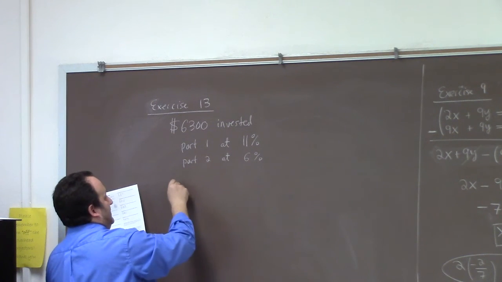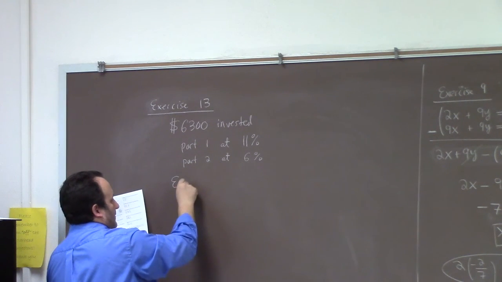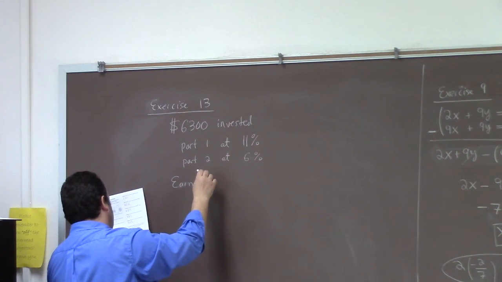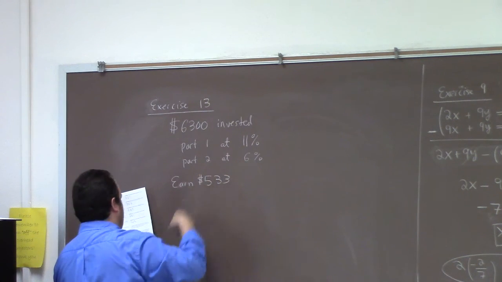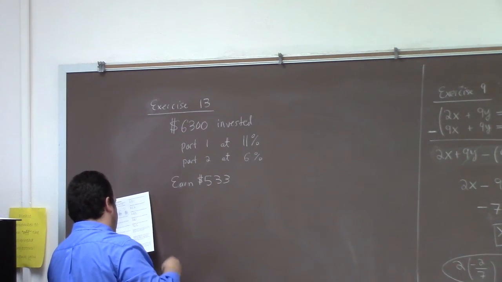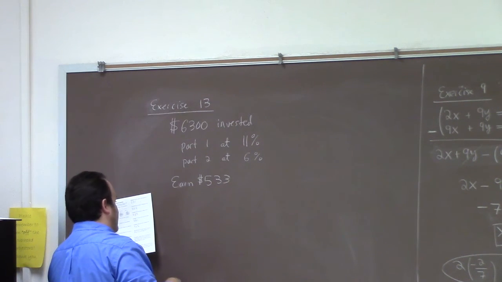And it says you earn $533 for a certain year. That was the total yield. And then the question is, how much was invested at each rate?